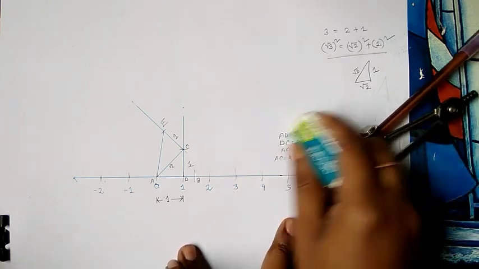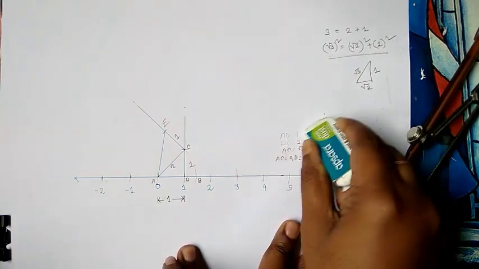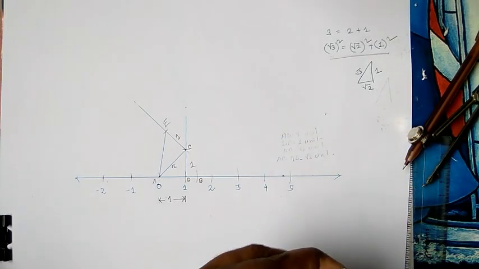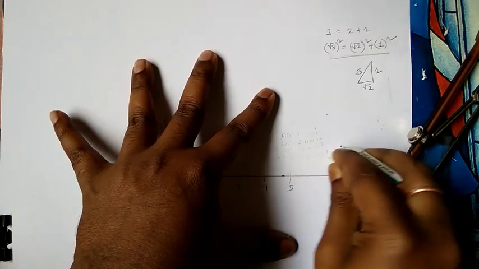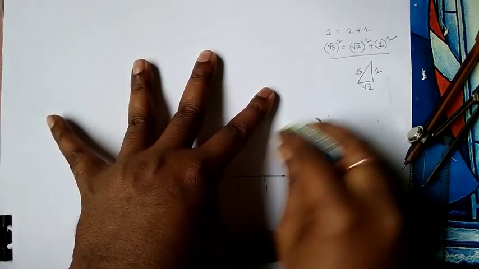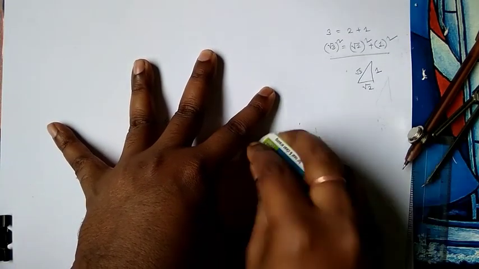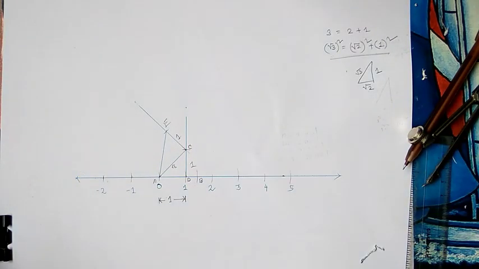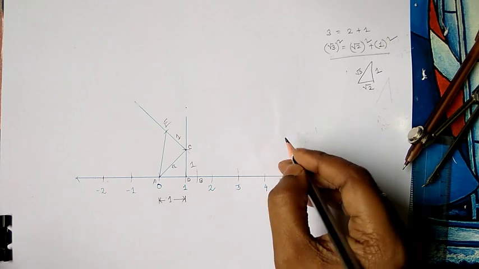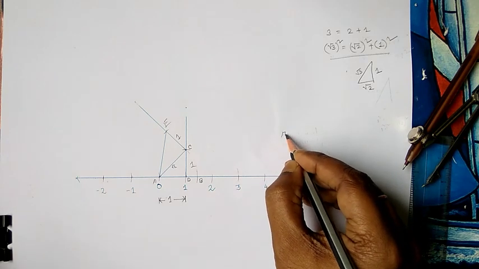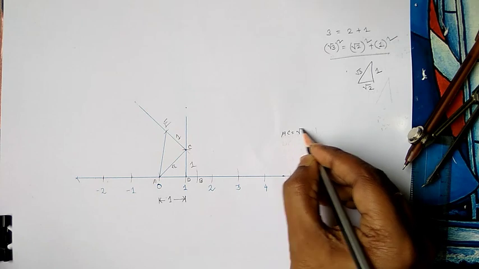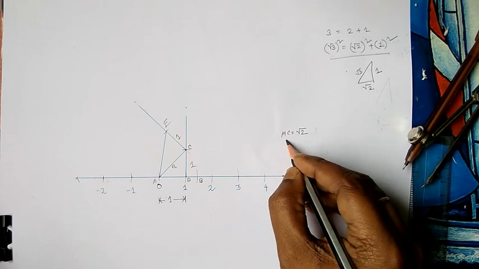Rub this one because you need what? You can write AC equals to root 2, that already proved.